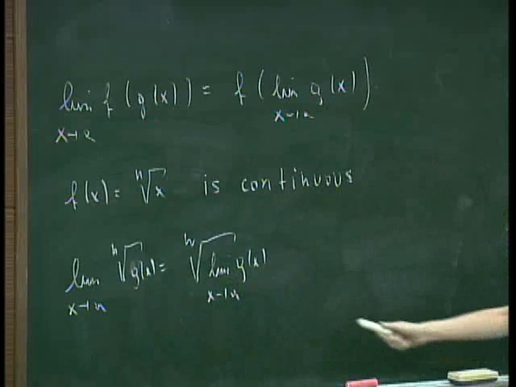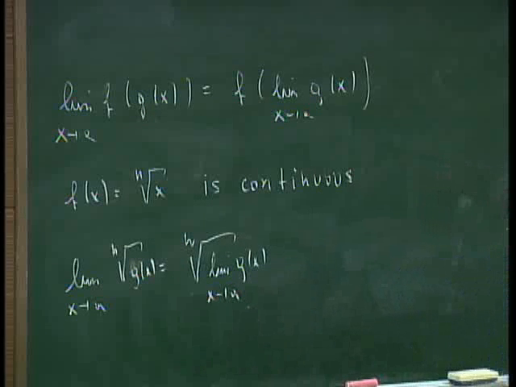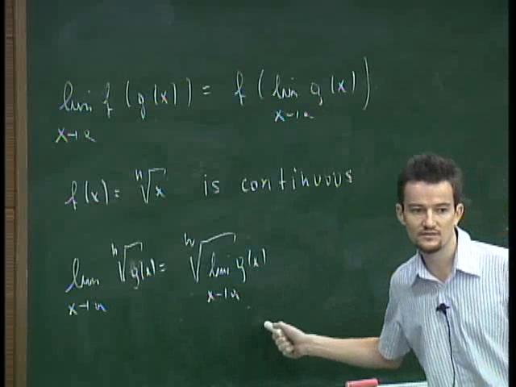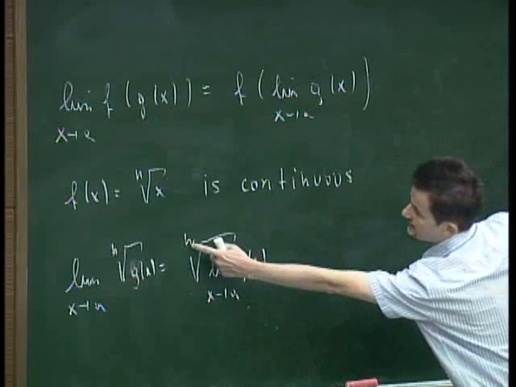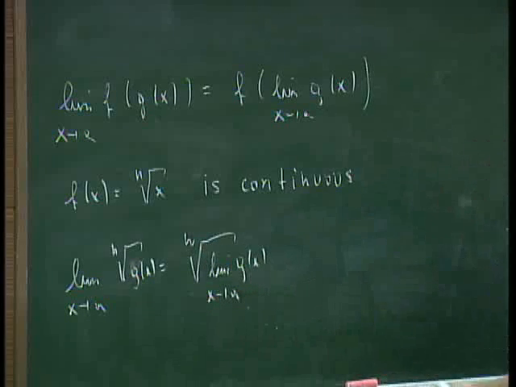And actually this was one of our limit laws, which we haven't proved yet. So this is the proof here. Of course, you need assumptions here. In case where n is even, this number should not be smaller than 0.